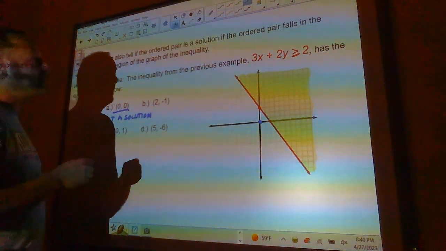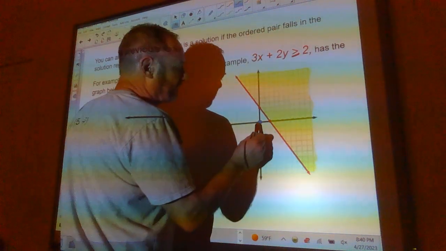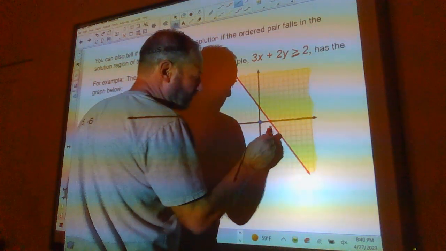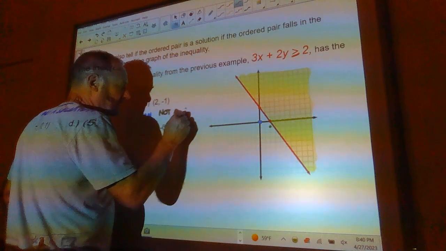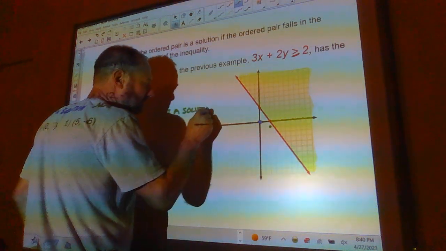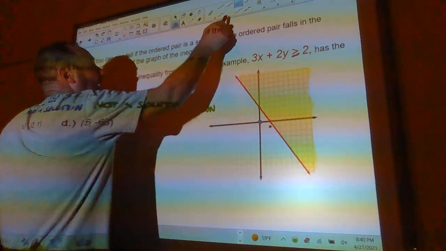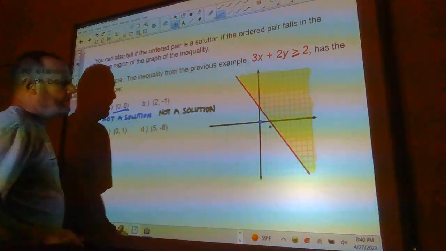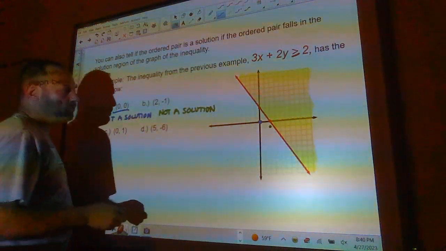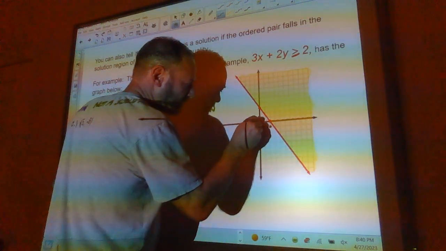Let's try (2, -1). Where does (2, -1) fall? Nope. Outside, also not a solution. How about (0, 1)? (0, 1) would be right here.